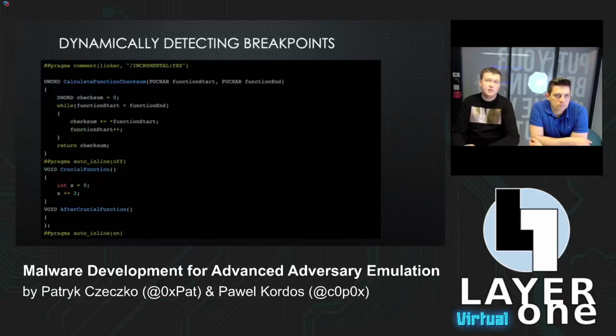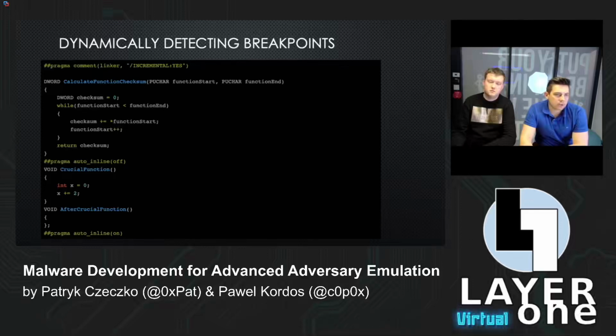And you can also dynamically detect breakpoints, right? Yeah, so that's some clever technique implemented. So let's say we have some crucial function and we would want to check if it's debugged or not, if there's some software breakpoint in this function. So what we could do is first put some linker directives to not inline this function, and after compiling like that, we would have this crucial function, and right after this we would have another function.